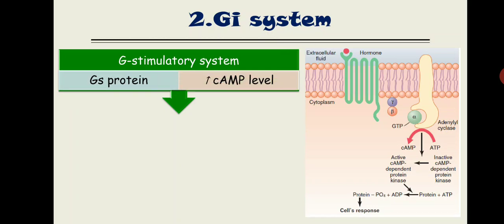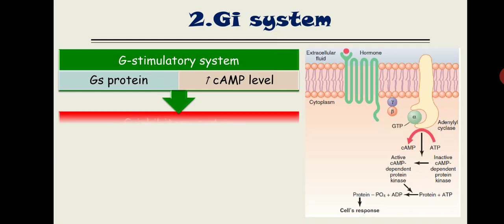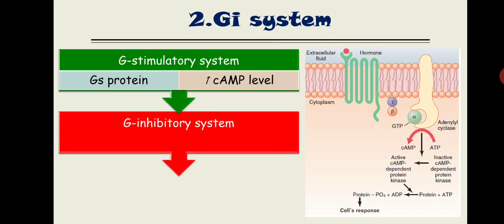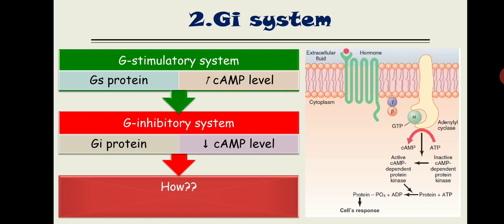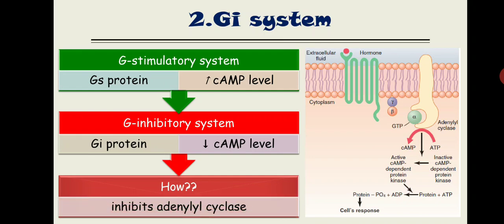On the other hand, the G inhibitory system has a G protein known as the G inhibitory protein, and it decreases the cyclic AMP level. Now how does it decrease the cyclic AMP level? It is by inhibiting the adenylyl cyclase enzyme.